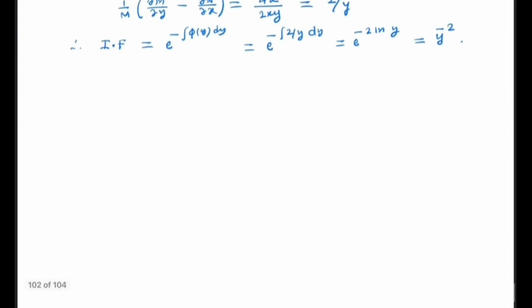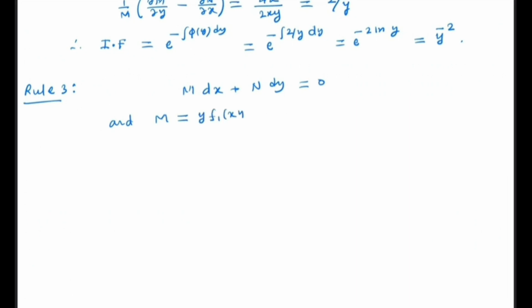Okay, now come to rule number 3. Suppose we have equation M dx plus N dy equal to 0, and here M is of the form y times a function of xy, and N is of the form x times a function of xy.